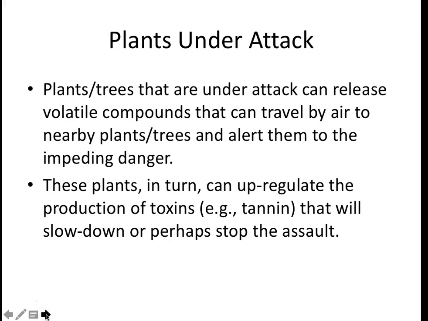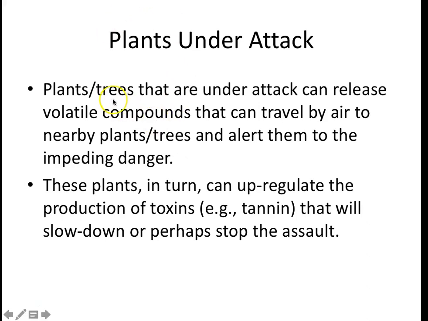The other thing that can happen is when you go into a forest, you're going to see lots of trees. What if there is a tree that is under attack? Is it going to do something altruistic, like protect the trees that are downwind from it? And the answer is yes. Trees are very altruistic.